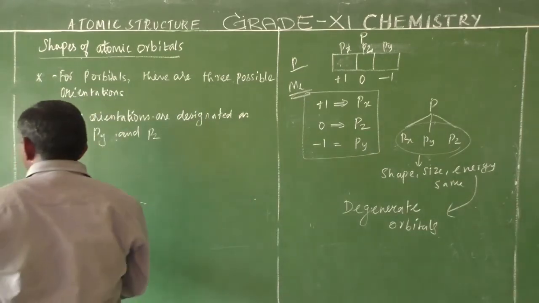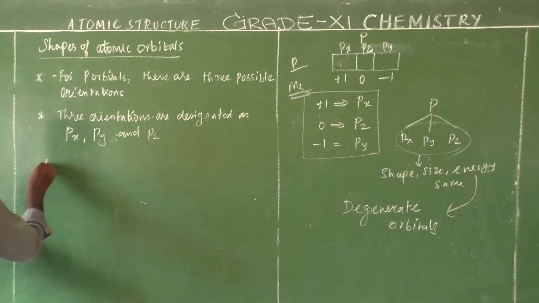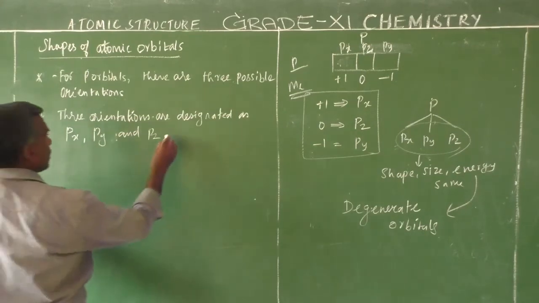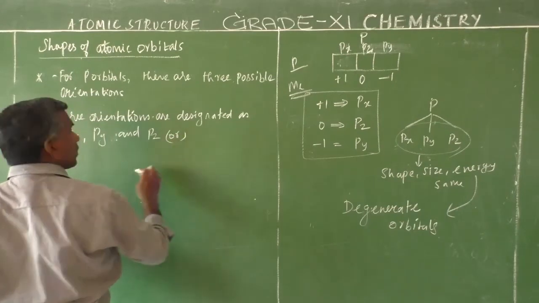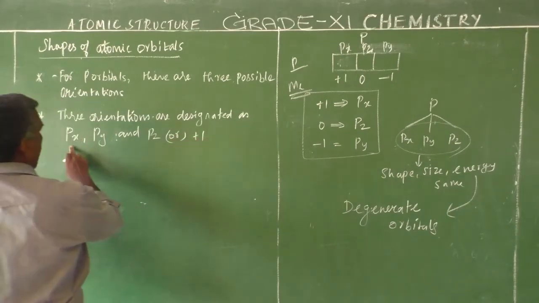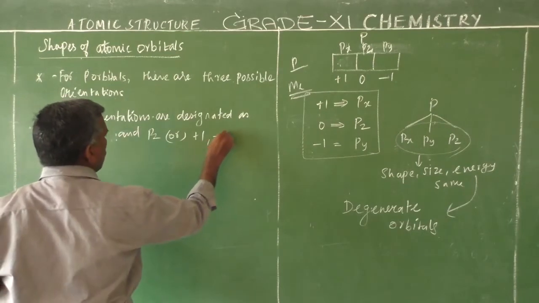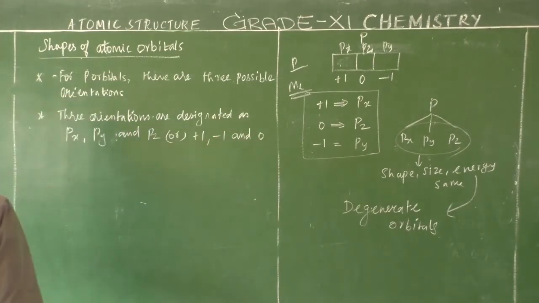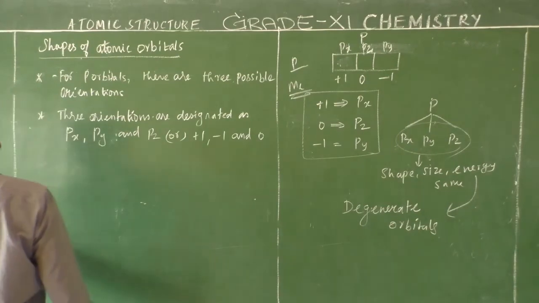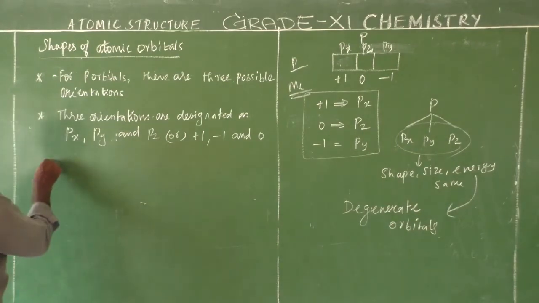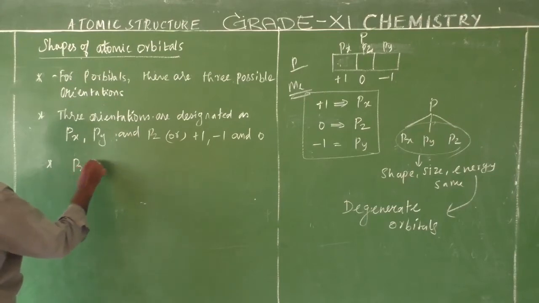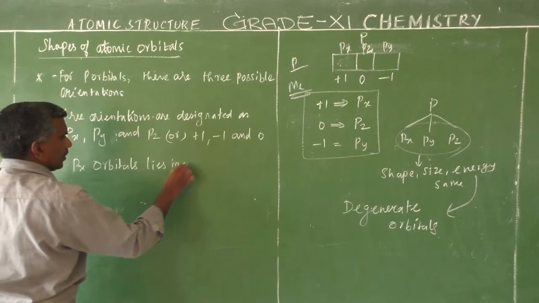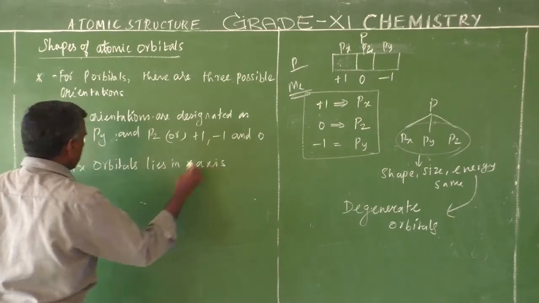Next, px, what is the value? Plus 1. Py minus 1 and pz 0. Okay. Now px orbitals lie on the x-axis.